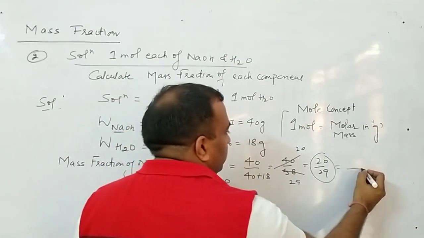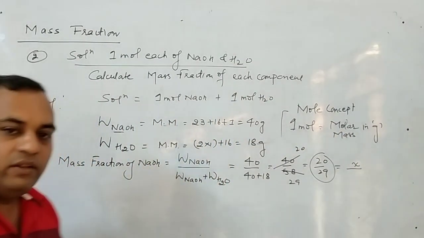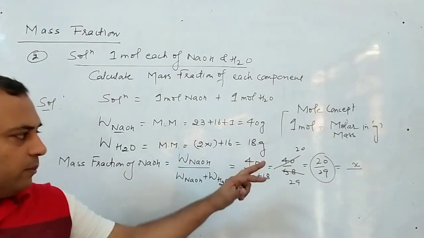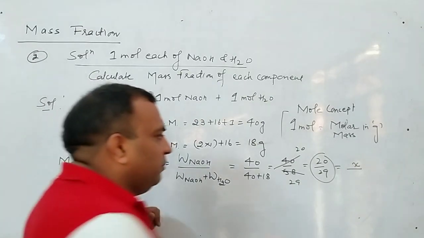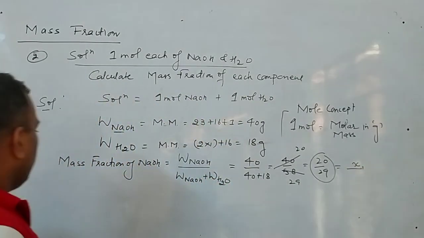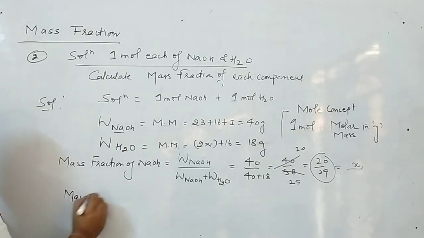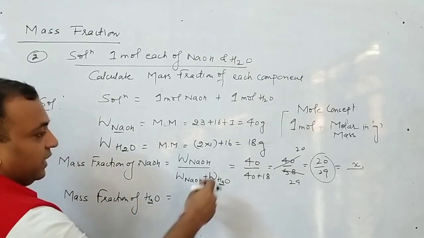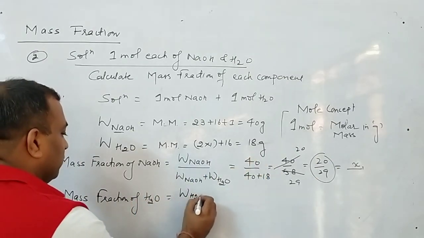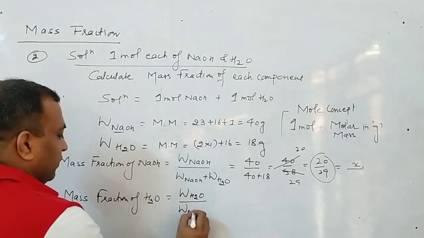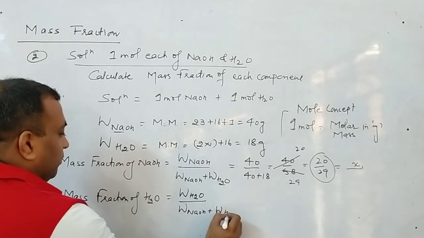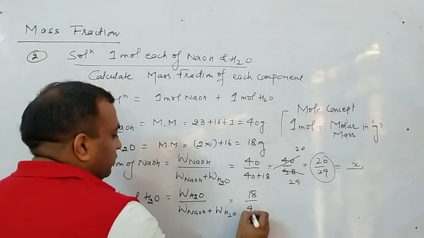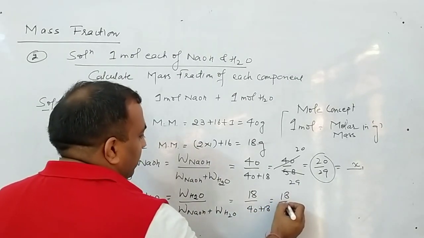When you divide, this comes out to be x. Okay, do the divisions, because now you are able to divide. In the last lecture you have done so many numericals that you will do this multiplication and division yourself. Now mass fraction of water. First I will use the same: mass of water upon mass of NaOH plus mass of water. Now what is the mass of water? 18 upon mass of NaOH 40 plus 18, that is 18 upon 58.